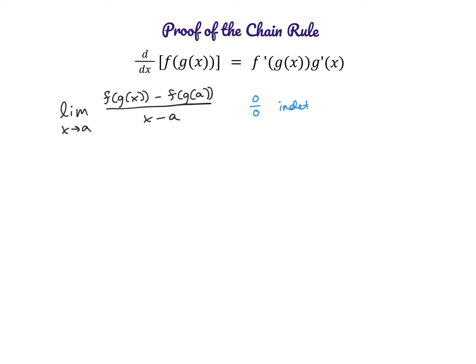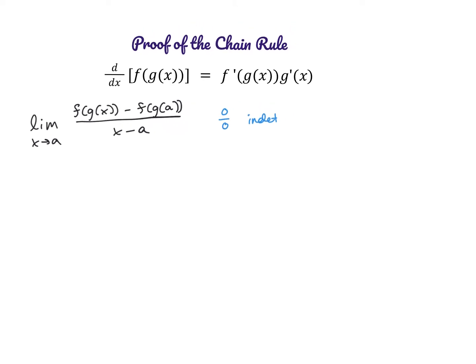Now, just to give us a hint of where we might be trying to go, so this proof makes more sense as we go through, I just want to write what each of these individual things would look like in that limit form. If I look at this portion right here, I would describe that as the limit as x approaches a.